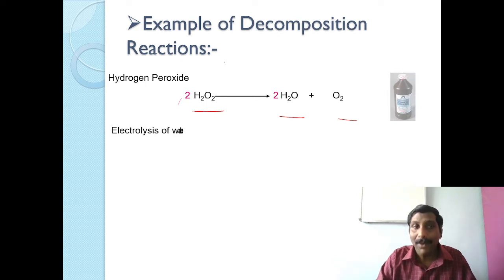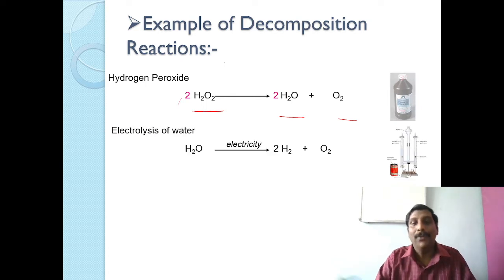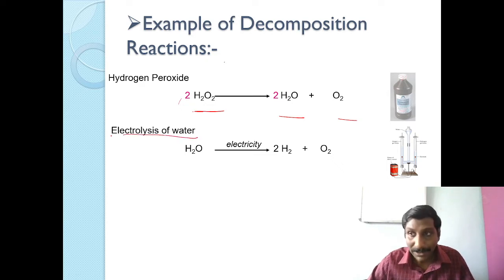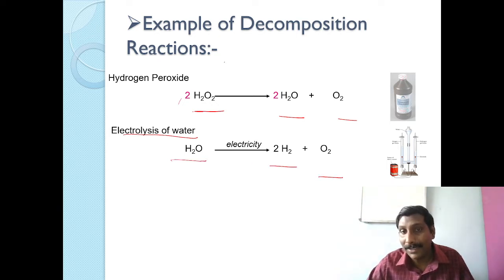Second is the electrolysis of water. This new term is electrolysis. A decomposition carried out with the help of electricity is called electrolysis. For the electrolysis of water, water undergoes decomposition and we get hydrogen and oxygen.